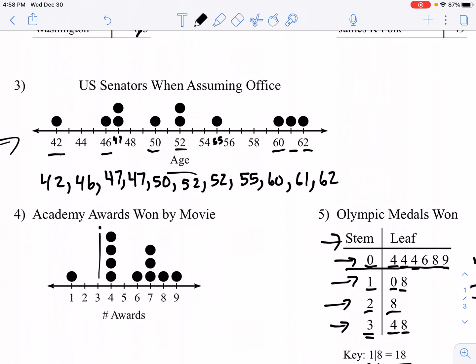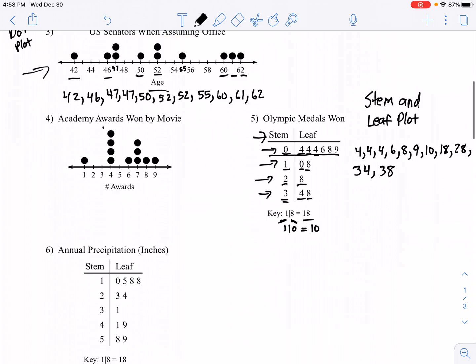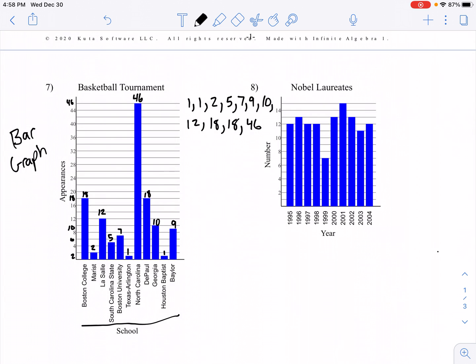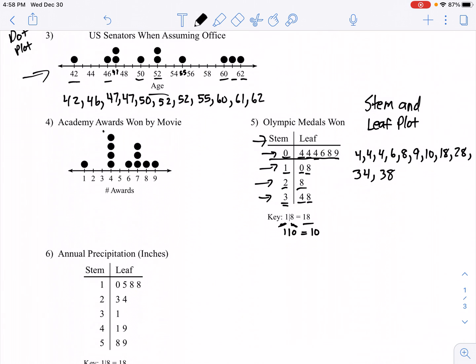Okay, they're used to compare different things. In our example, the first one was comparing the age of senators. This was comparing appearances at a basketball tournament. And then the stem and leaf plot is kind of more of a way to show relative frequency of things occurring within different groups. Okay, so more often than not, a lot of people were in this category.